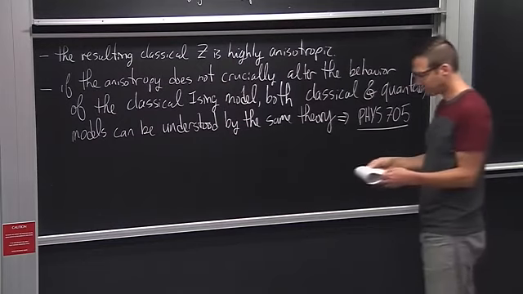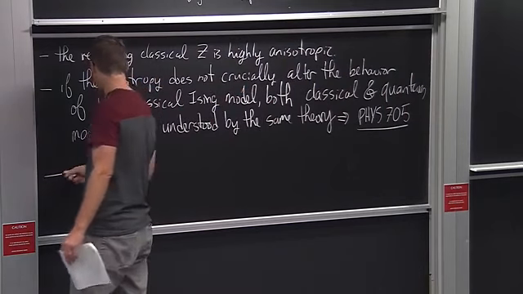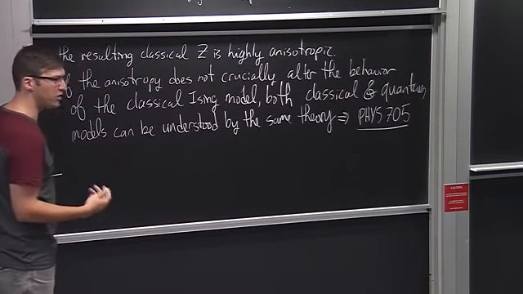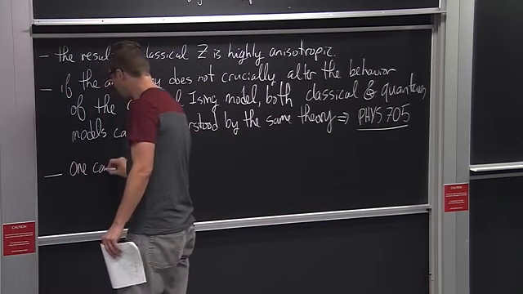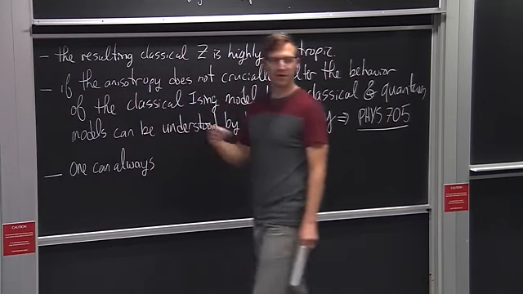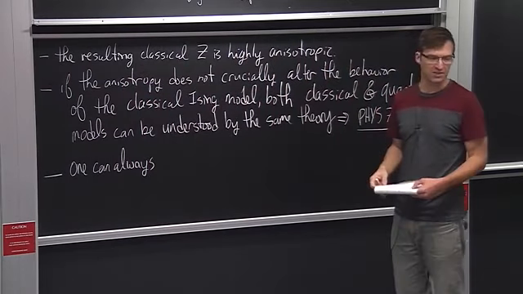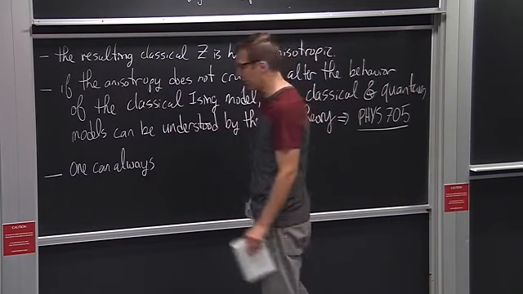Okay? And one can always, even if the exact theories of quantum and classical aren't the same, reformulate the quantum theory as a higher dimensional classical theory, even if you have to retain all this complicated coupling and so on.